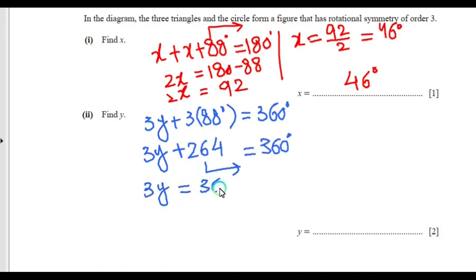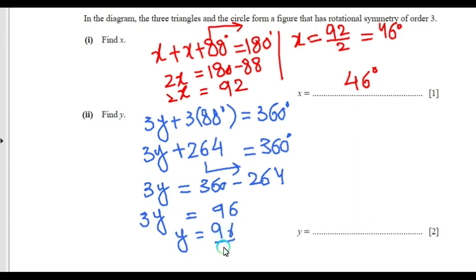So 3 times 88 will be 3 8s are 24, 2 carry, 3 8s are 24, 26, 264, equal to 360. Shifting this 264 to the other side, so it becomes 3y equals 360 minus 264. Yeah, 360 minus 264 gives you 96.